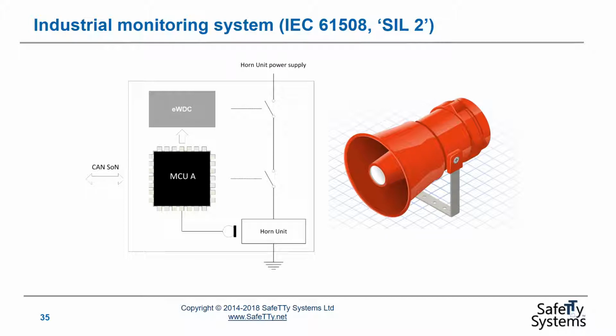So our software architecture would be very similar to that which we used in the washing machine in the previous slide. The difference here is that we've also got an external watchdog device. So if this microcontroller fails, then the external watchdog device will kick in, and it will ensure that the sounder unit in this device cannot be activated if this microcontroller fails.